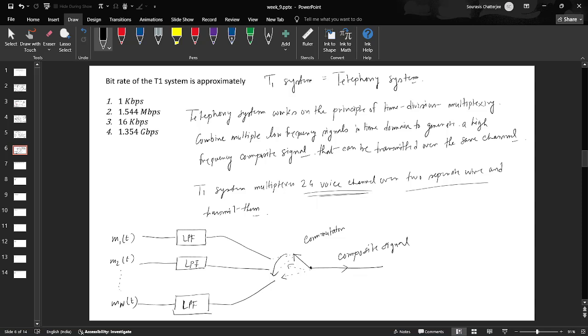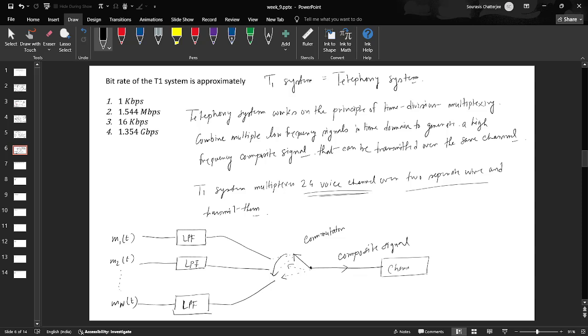So yeah, we are basically taking multiple low frequency signals and trying to multiplex them. To multiplex, we are using a commutator. How it works, we are going to discuss in a minute. Then we obtain the composite signal, and we transmit it over the channel.